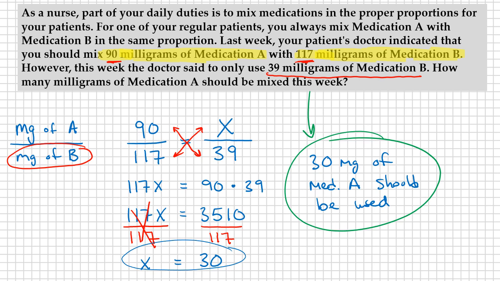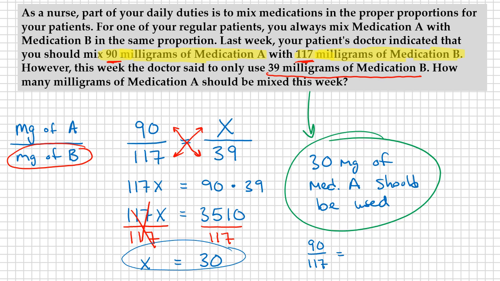So the first rate that we used was 90 divided by 117. And the second rate was x over 39, but we figured out x. Remember, x is a temporary placeholder. We started off not knowing what x is. Then we figured out x equals 30.